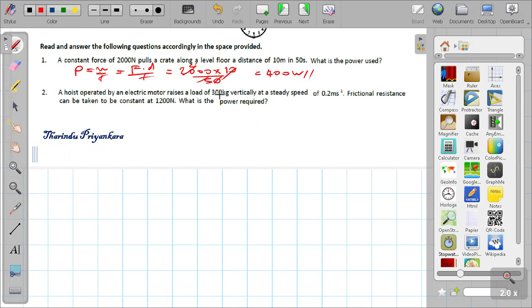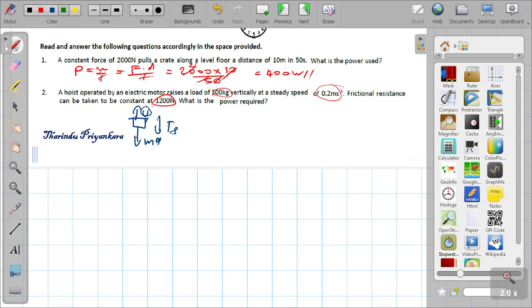An electric motor lifts 300 kilograms vertically at a steady speed of 0.2. The frictional resistance can be taken as 1200. What is the power required? So you know one thing, it is under some kind of constant force. One thing is mg, the other one is frictional force altogether, moving with velocity v.